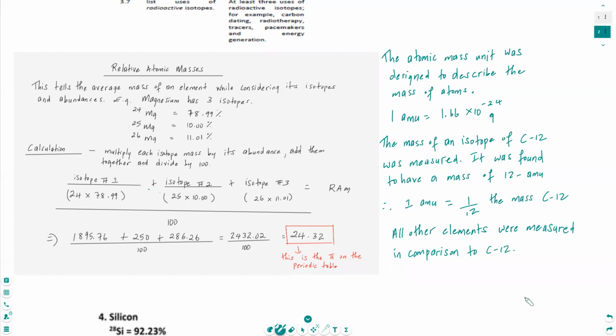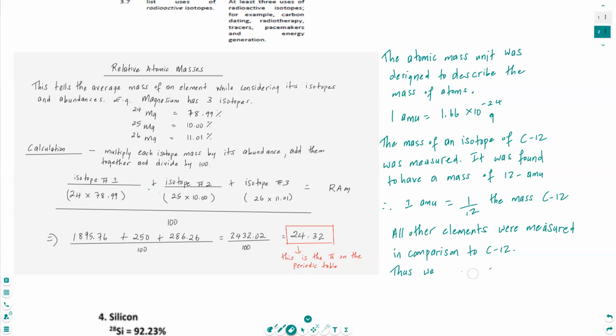Now, because all the other elements were measured in comparison to carbon-12, then we put the word relative in front of the atomic mass. So when you are measuring a substance and it is in comparison to something else, well, we use the word relative.